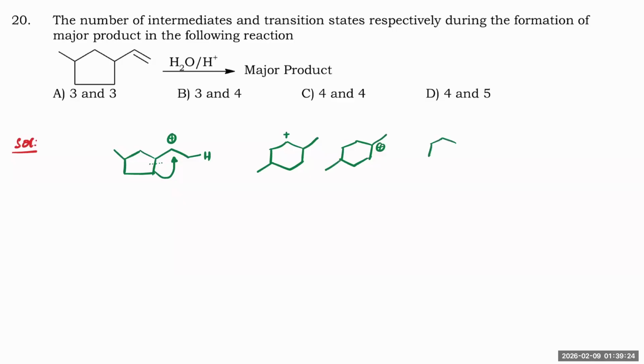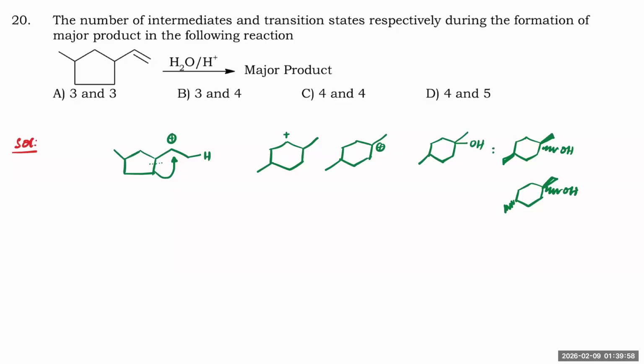And once you get there, you will get the product as OH here and methyl here. Of course, there will be two products here if you notice. One will be methyl and methyl in the same direction with OH inside, or the other will be methyl and this methyl in the opposite direction, but OH is inside like this. These are the two forms you can get. Clear?